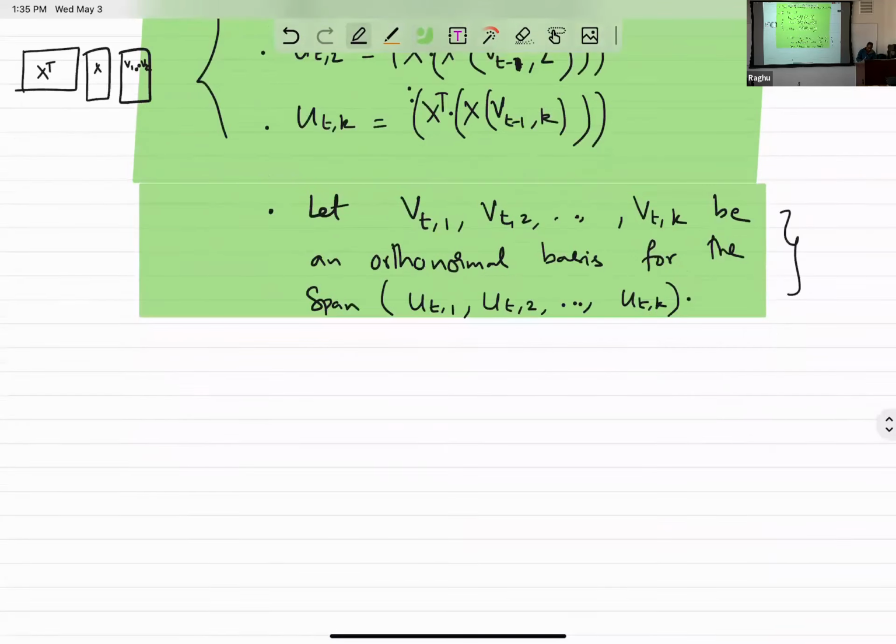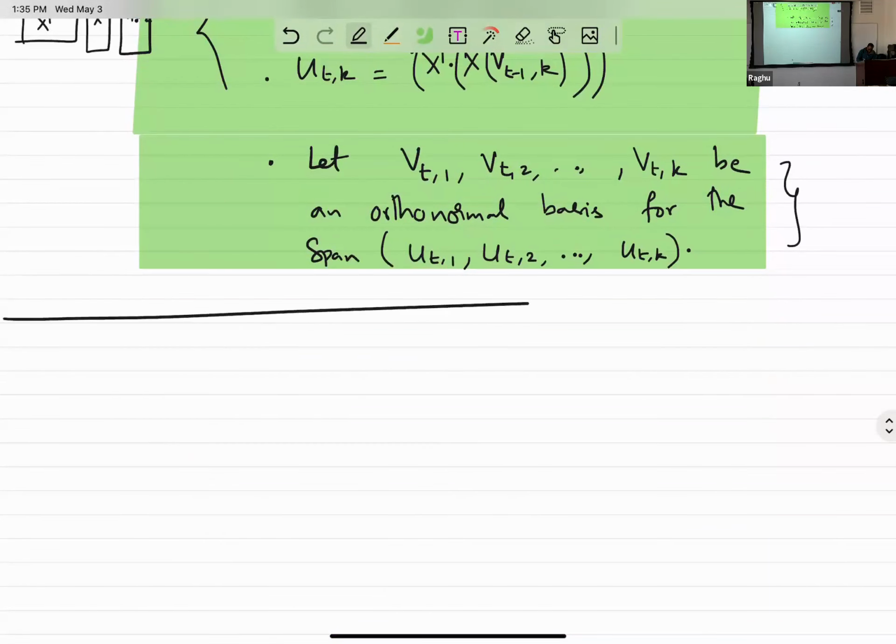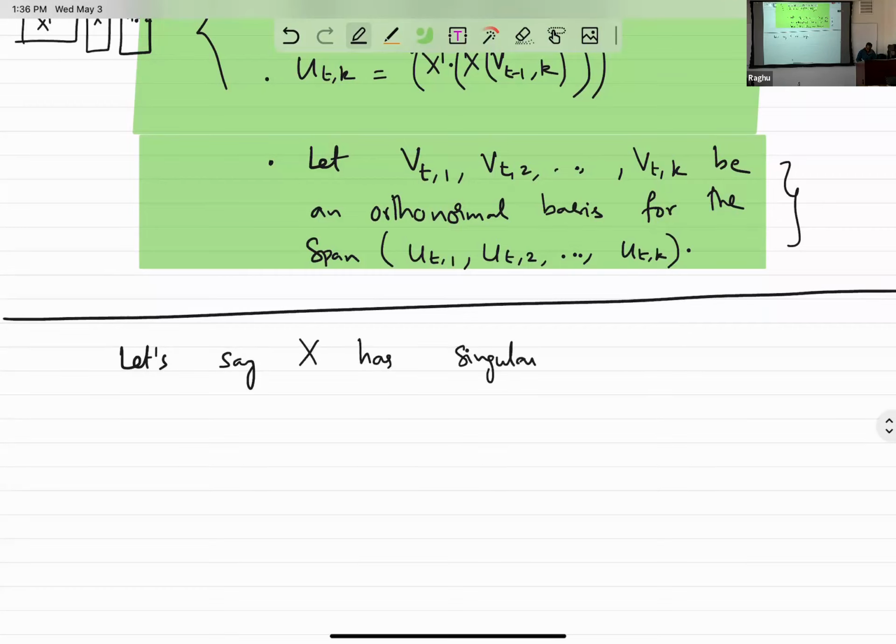And in fact, let me say some other thing. This is not something you can directly use, but you can imagine a theoretical scenario where this can show up, and there are some scenarios where you actually have to play with this stuff. So let's say X has singular values. Someone told you the singular values are 1, 0.98, 0.97, 0.96, and so on.